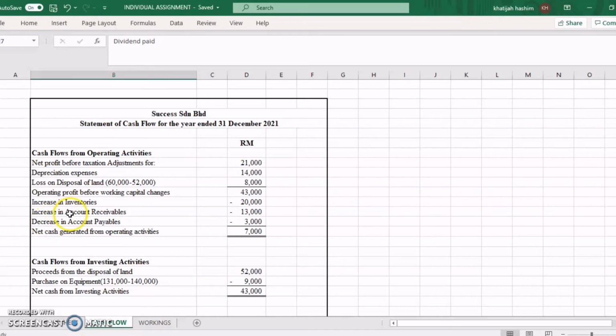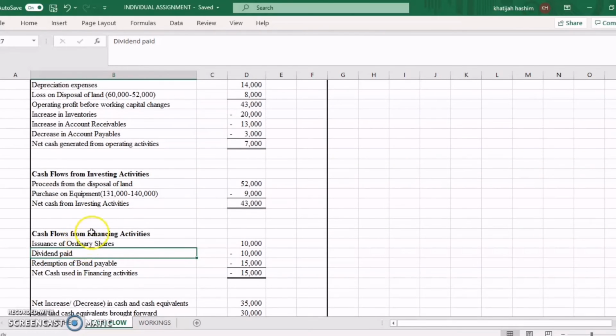We also have an increase in inventory, which is an outflow of minus 20,000. Also an increase in accounts receivable of 13,000 outflow, and a decrease in accounts payable of 3,000 outflow. So we got net cash generated from operating activities of 7,000.